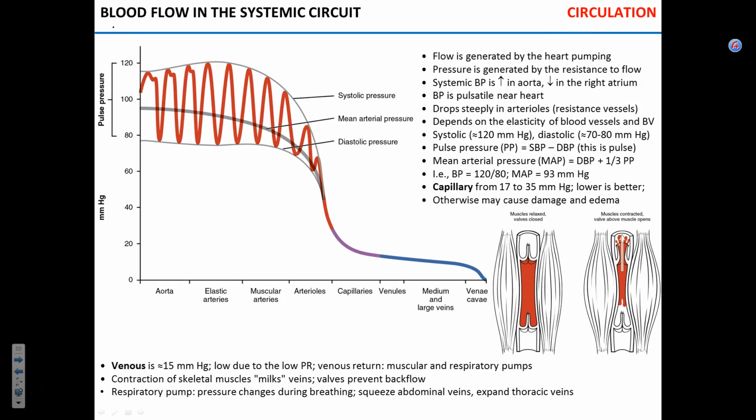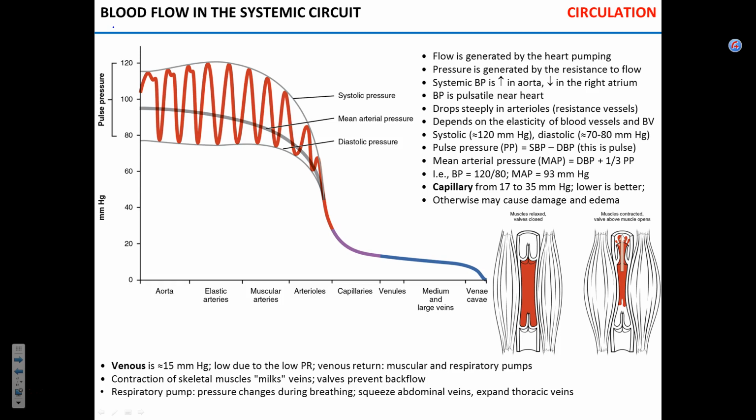Now, what exactly generates the blood flow in the systemic circuit? Well, we have to consider all components of cardiovascular system to figure out how blood pressure works. So what generates flow of blood? Which organ? Heart. Look, if I'm asking you a heart question, I will announce it.